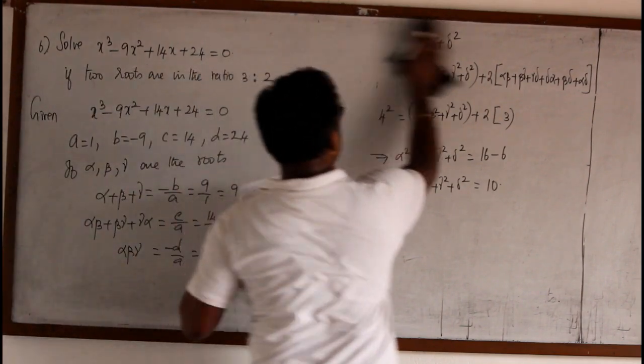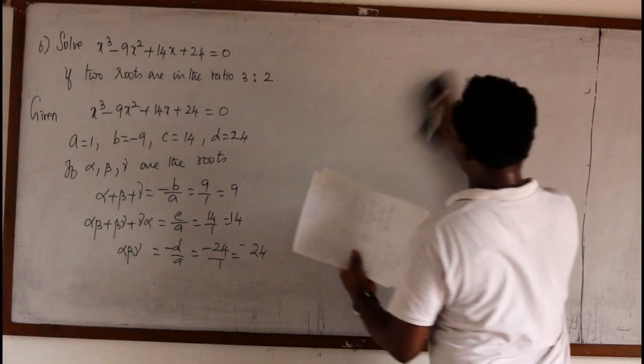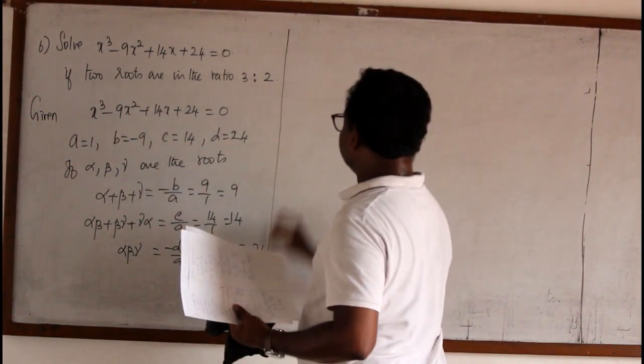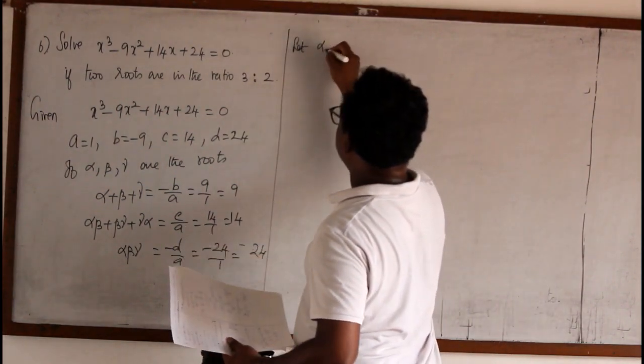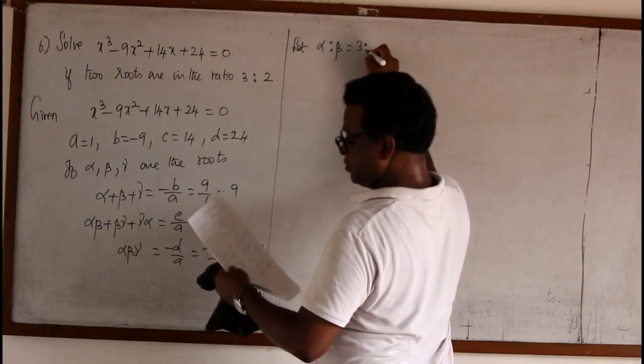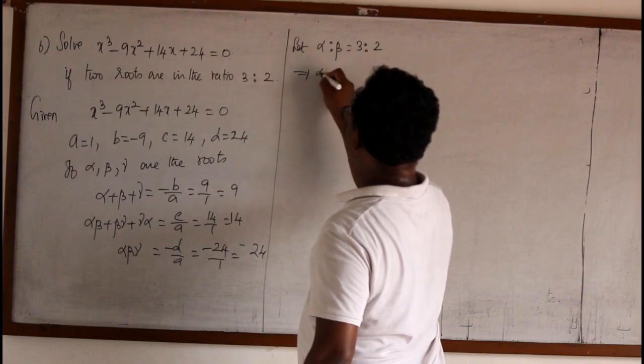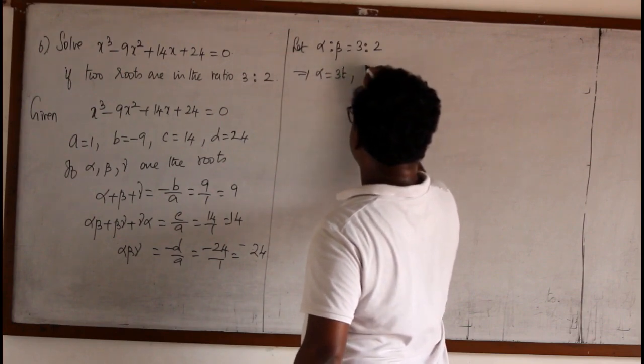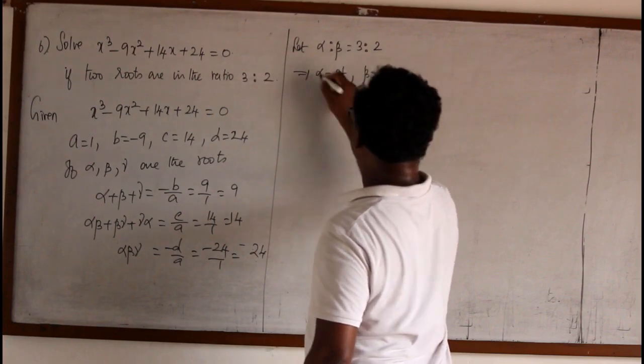Now given two roots are in the ratio 3:2. So let alpha is to beta equal to 3:2, then I can take alpha as 3t and beta as 2t.